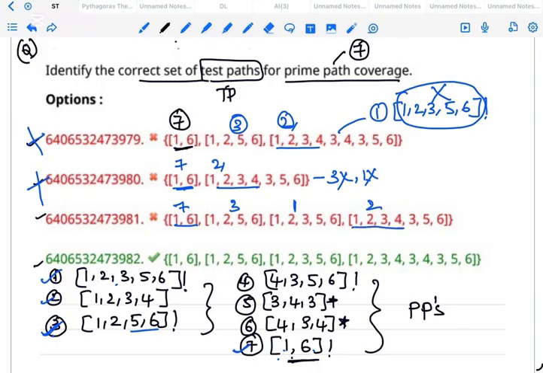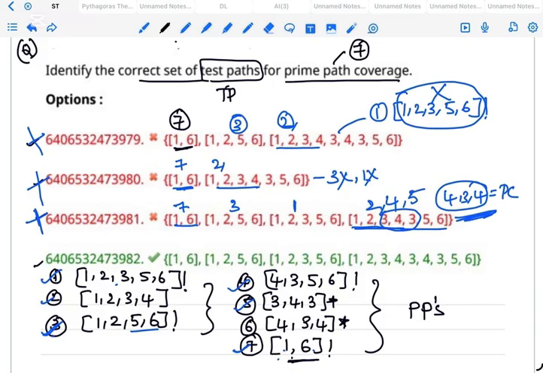And 4 3 5 6 is also covered. 3 4 3, so prime path 5 is also covered. This is covered. But 4 3 4 is not covered, so this prime path is not covered by option C. So this is not the correct answer.